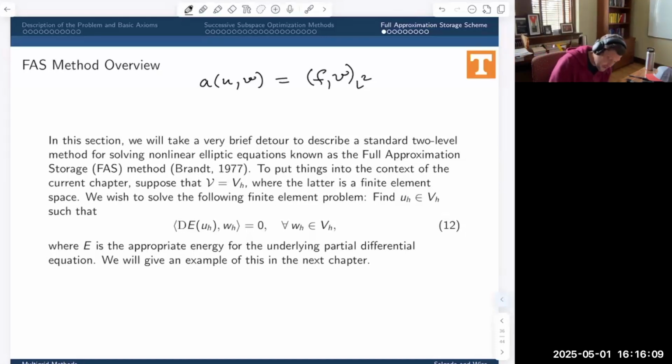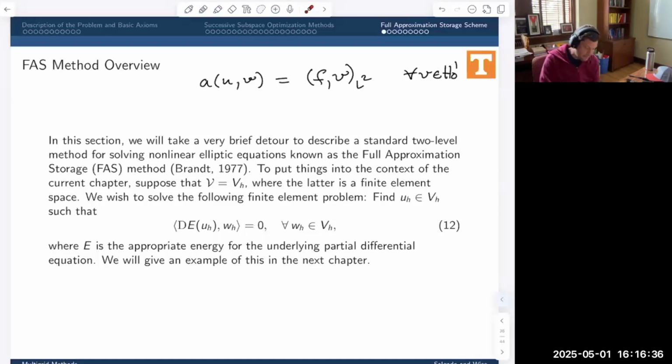So in this case, in the original PDE version, we're looking for u in H01 that satisfies this weak formulation for all test functions v in H01. And as I said, the way you make this work in the finite element setting is we replace this infinite dimensional space with a finite dimensional finite element subspace.